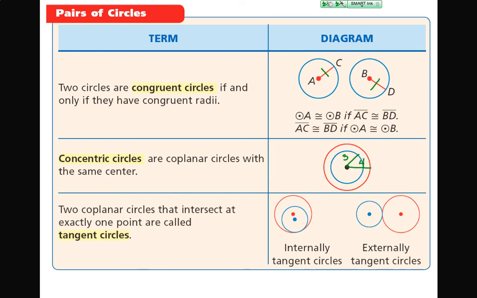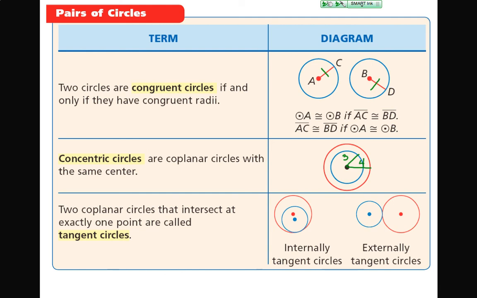Then we go on to circles that are tangent. When we were describing tangent just a little bit ago, it was a line that was tangent to the circle. Now we're talking about two circles that are tangent. So in this context, tangent means touching at one point. So two circles that touch at one point would be tangent circles.